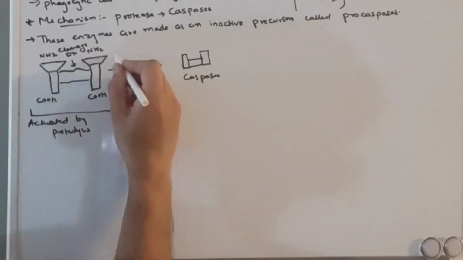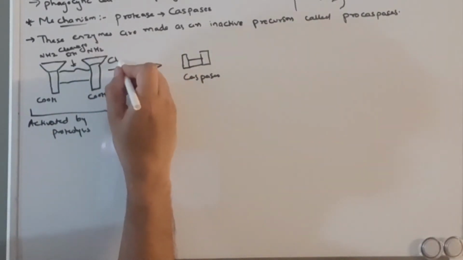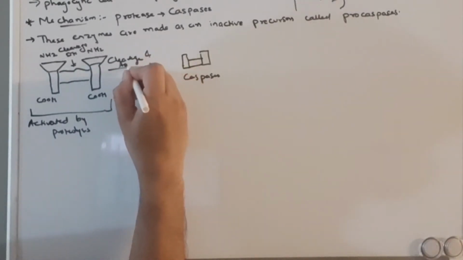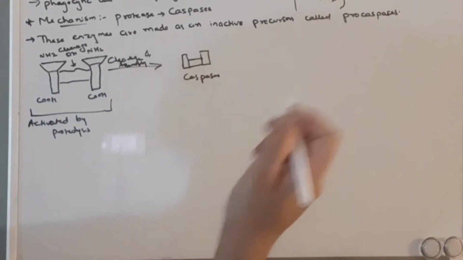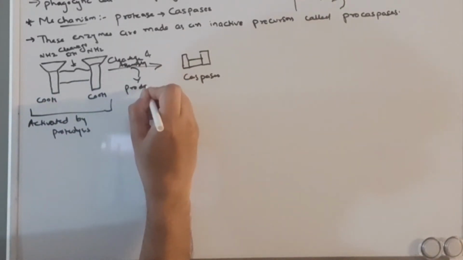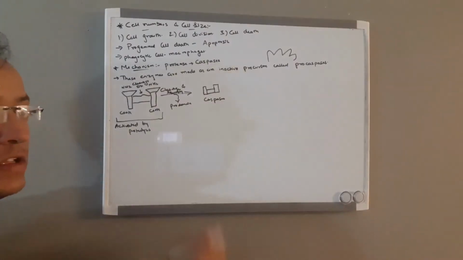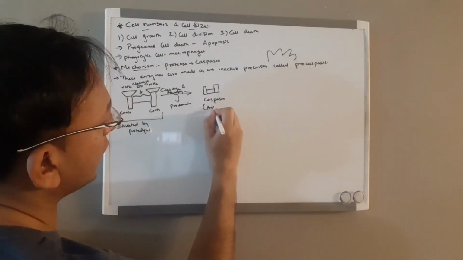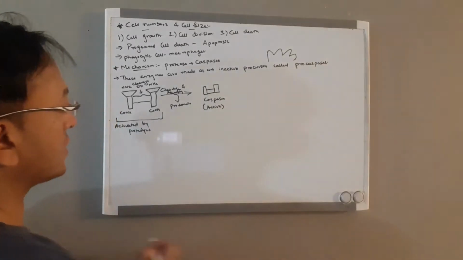That's right. So this is after our cleavage and assembly, then it will assemble, and the prodomains are discarded. So the prodomains are discarded, and this is our active caspase.